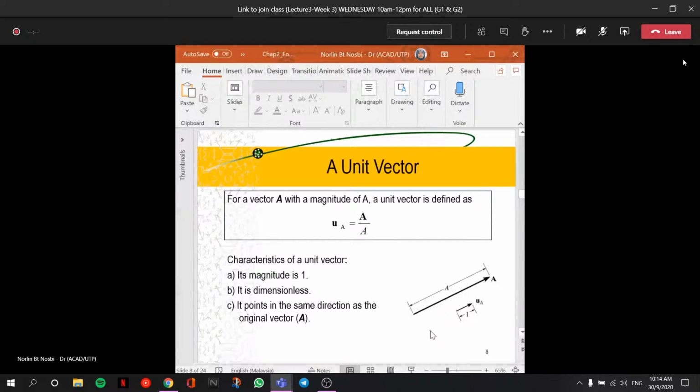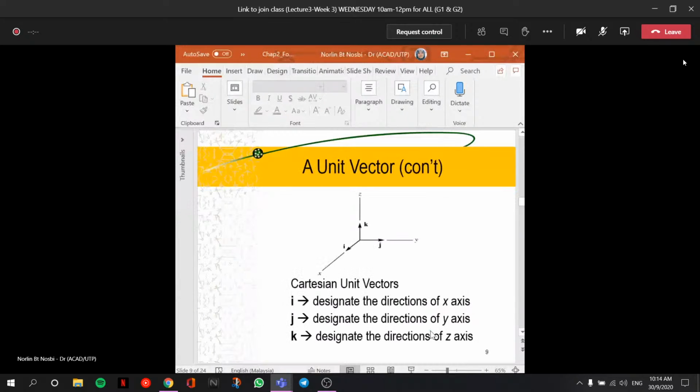Next, let us look. Of course you all know that for the x-axis, the Cartesian unit vector is i, for the y-axis it is j, and for the z-axis it is k.